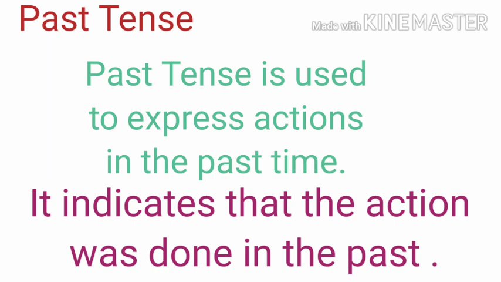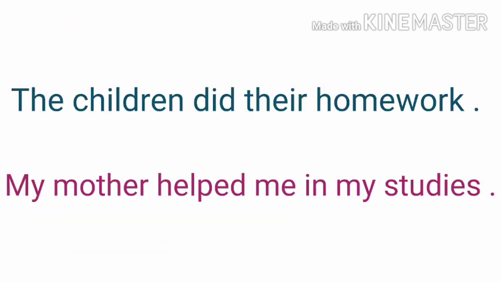The next tense is past tense. Past tense is used to express actions in the past time. It indicates that the action was done in the past. Let's look at the examples. The children did their homework.